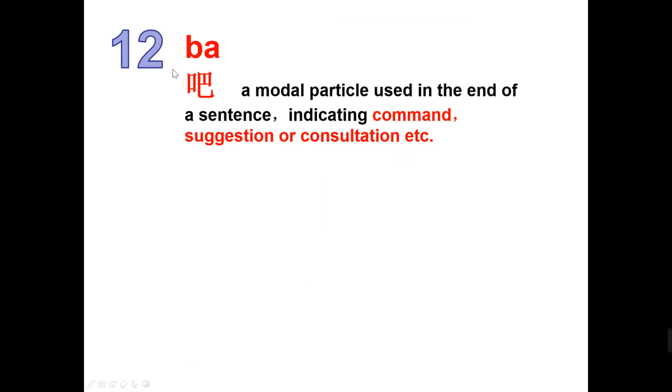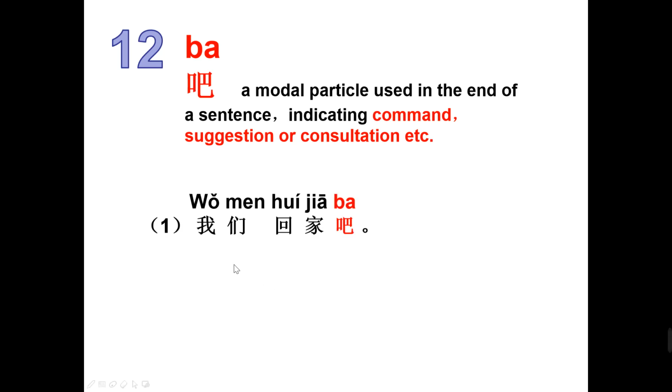Okay. Next word is 吧 It's a modal particle used in the end of a sentence, just like we once learned ne. Yeah, but the difference between ne and ba is often indicating command, just suggestion or consultation of something. Yes. For example, 我们回家吧。Let's go back home.